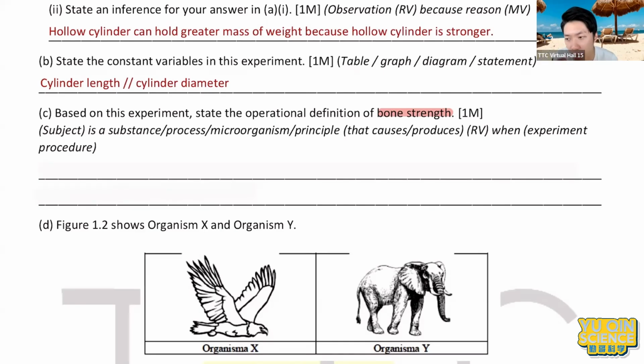Sash, your answer is good, but I think you missed out which one you are talking about. Are you talking about hollow? Are you talking about compact? So you want to add that in, then that sounds better. Okay, a bit more time for you.